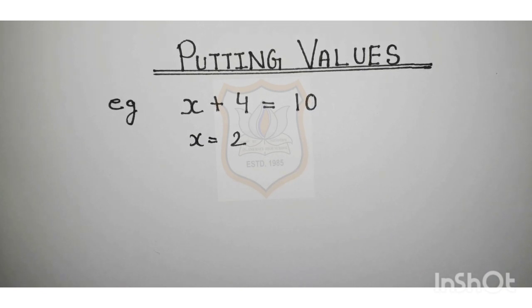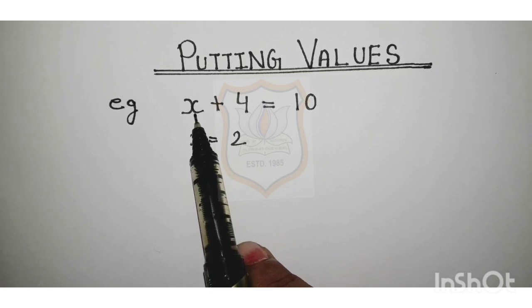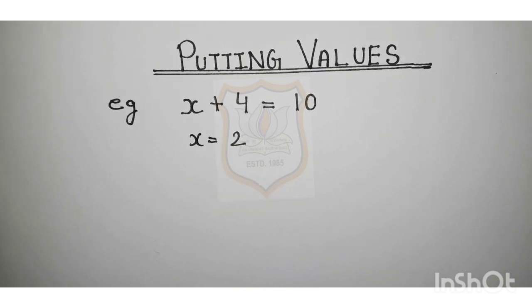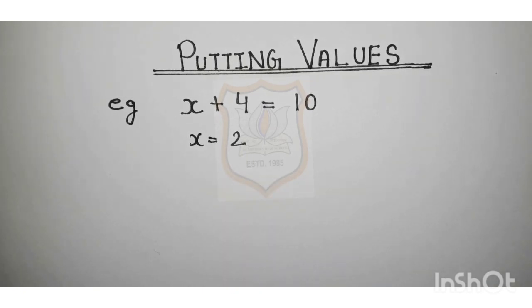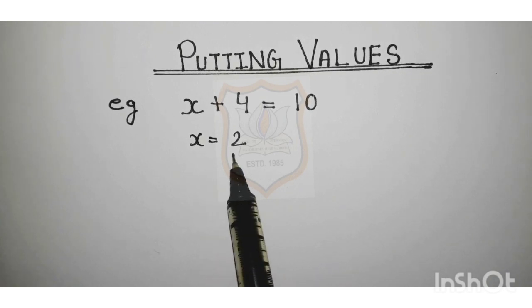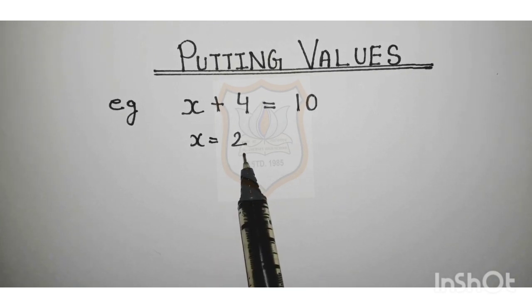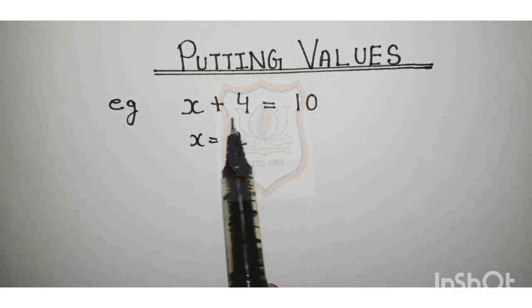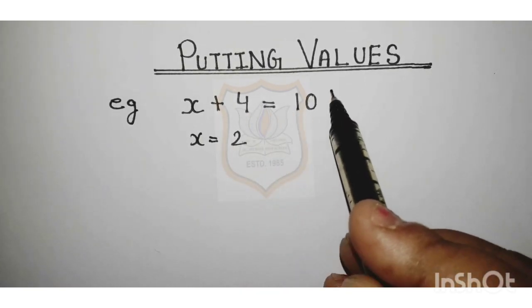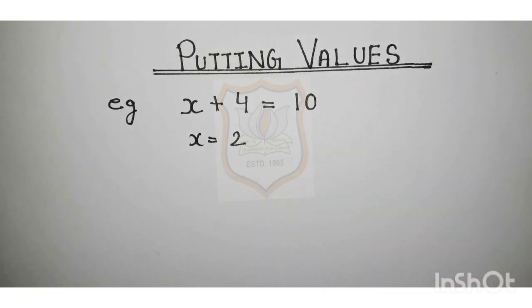Here in this equation, the value of X is not given. We will put X is equal to 2. Now, you have to check that if I put the value of X is equal to 2 in the equation X plus 4 is equal to 10, then our answer will be 10 or not.